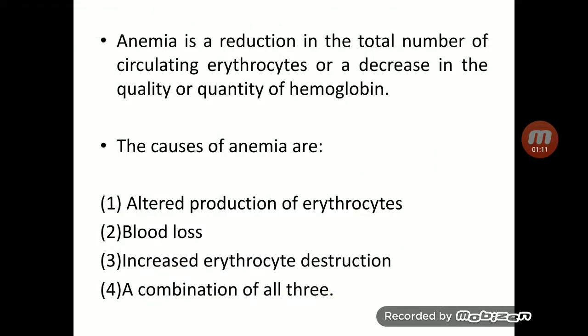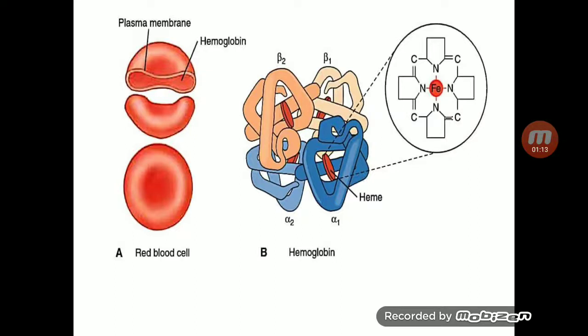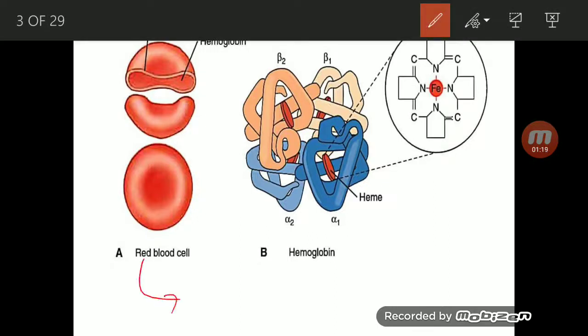Okay, so let us move on to the next slide. So this is your general diagram of your red blood cell. The main function of your RBC is to carry oxygen, and then to supply oxygen to different tissues of your body. Normally this binding of your RBC to oxygen is carried out by hemoglobin.